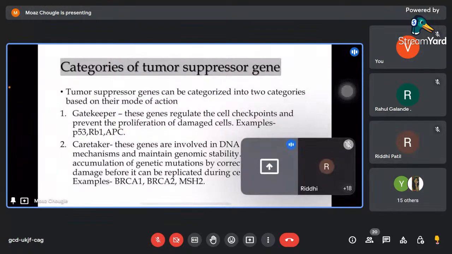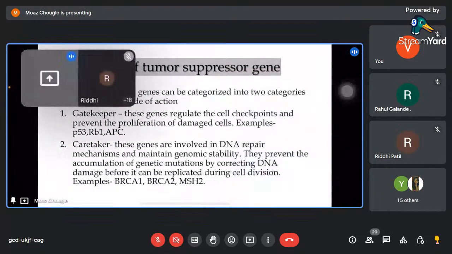Categories of tumor suppressor genes. They can be categorized into two categories: the first is gatekeeper, and the second is caretaker. Gatekeeper genes regulate the cell checkpoint and prevent proliferation of damaged cells. For example, P53, RB1, and APC are gatekeepers. Caretaker genes are involved in DNA repair mechanisms and play the main role in maintaining genomic stability.